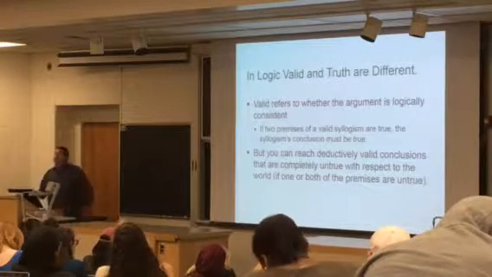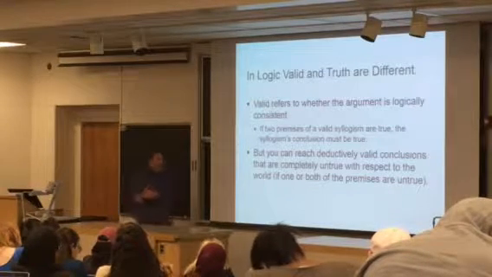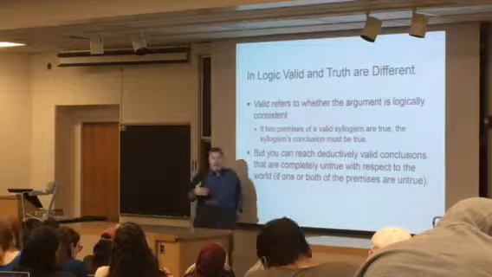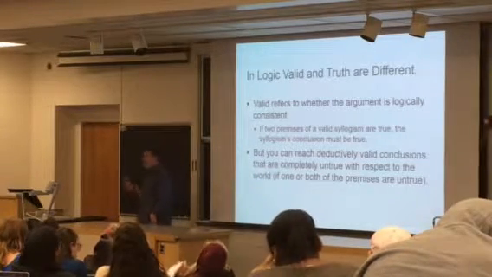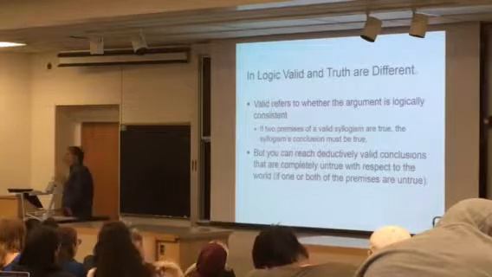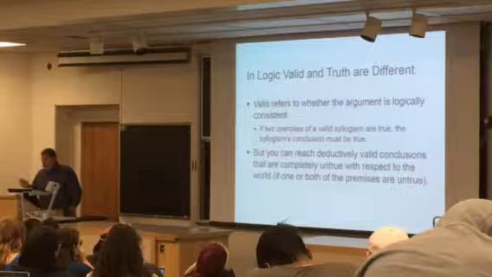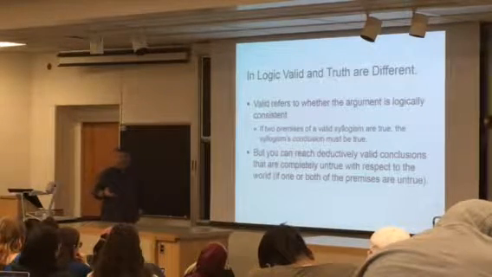But you can divorce truth from validity. That is, you can have a completely logical conclusion, a conclusion that follows logically from the premises, that is untrue, if one or both of the premises are false.